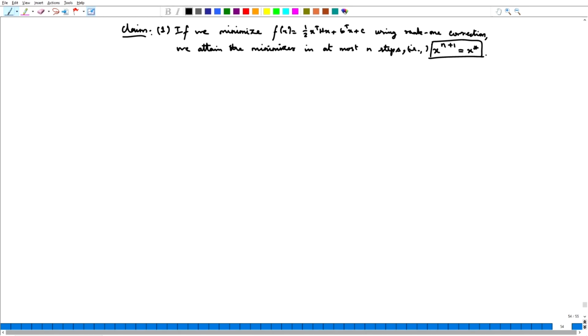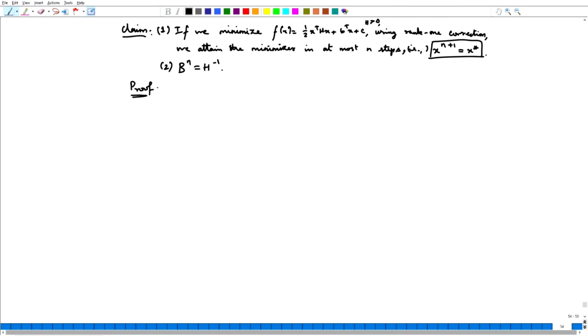I should write H positive definite, otherwise it is meaningless. That is one of the claims. The other one is Bn is actually equal to H inverse. Let us actually prove both of these claims.